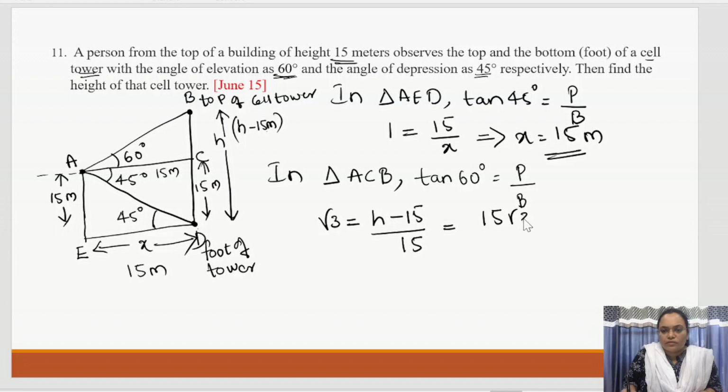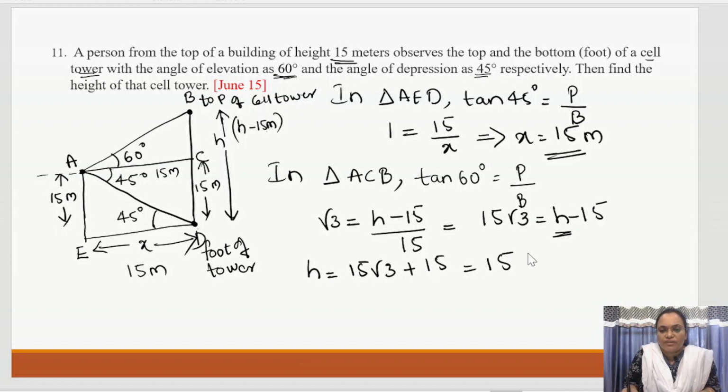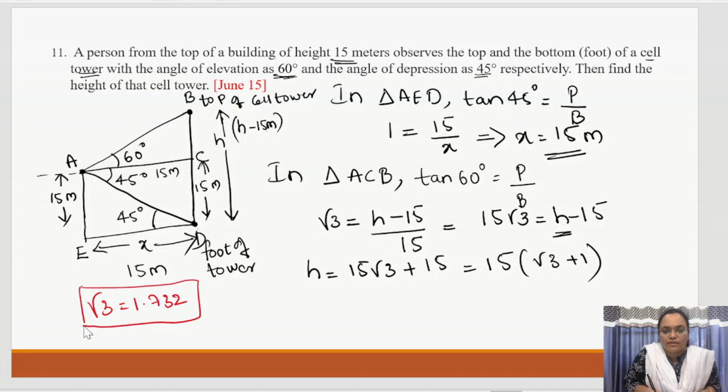So 15 root 3 is equal to H minus 15. If I want H, I can take H is equal to 15 root 3 plus 15. If I take 15 common, you will get 15 times root 3 plus 1. Let us substitute root 3 is equal to 1.732. The value of root 3 is 1.732, right?